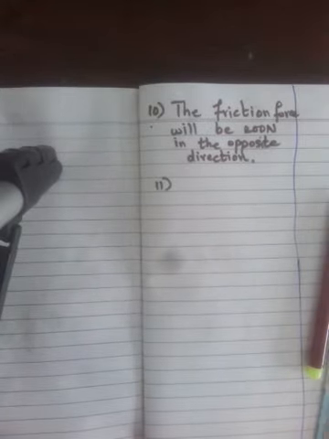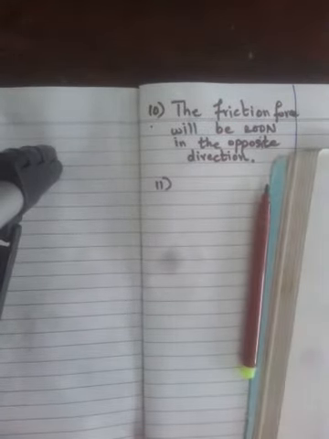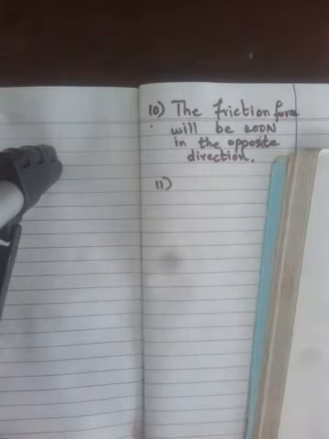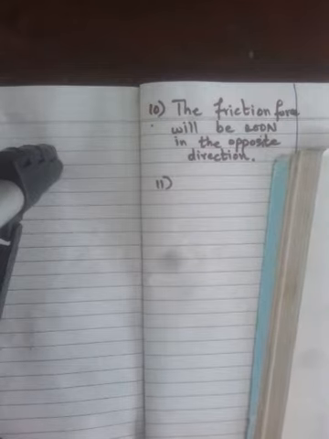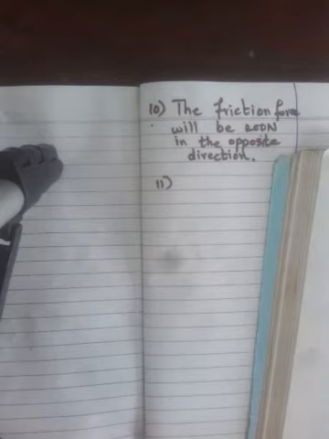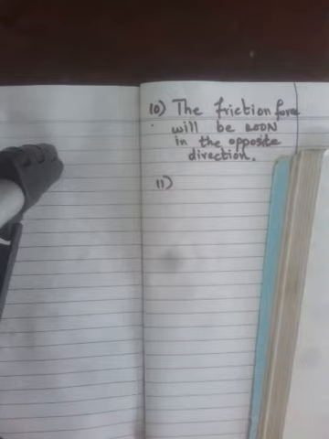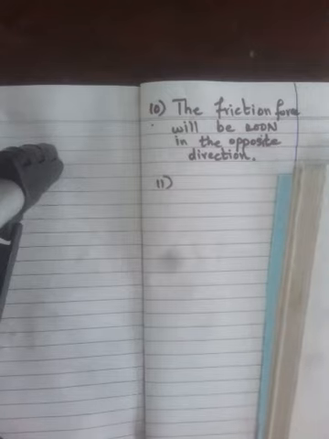I will read the next question. Two objects each of mass 1.5 kg are moving in the same straight line but in opposite directions. The velocity of each object is 2.5 meters per second before the collision, during which they stick together. What will be the velocity of the combined object after collision?